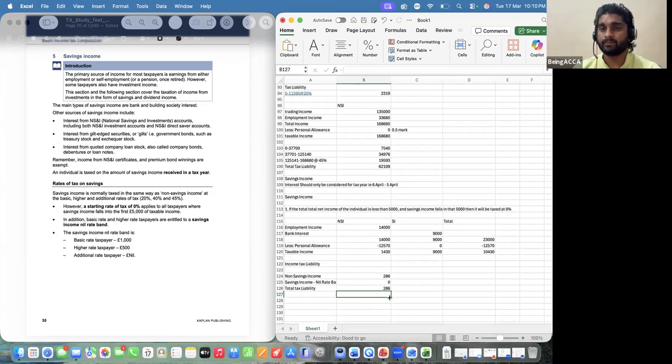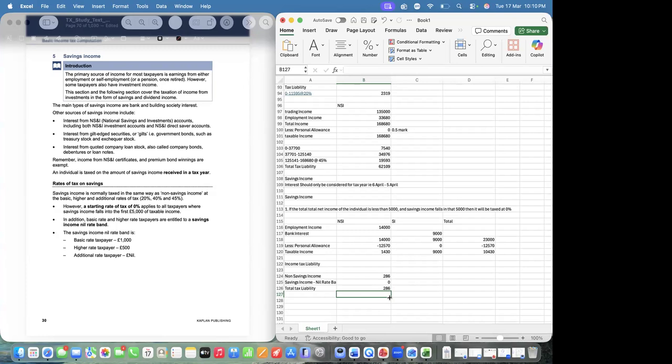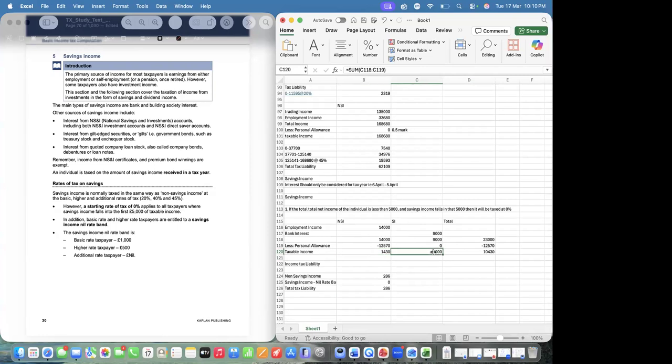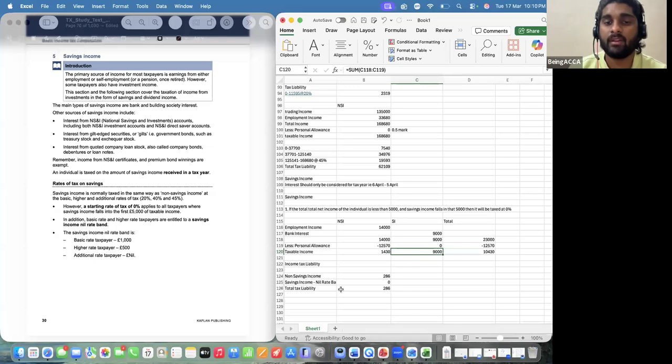Here there's a small correction that I would like to make to myself. If the savings income is still falling within the first 5,000, correct? Like in the total of 10,430, the non-savings income is only 1,430, which means the remaining 9,000 is savings income, correct? So in that case, what will happen?